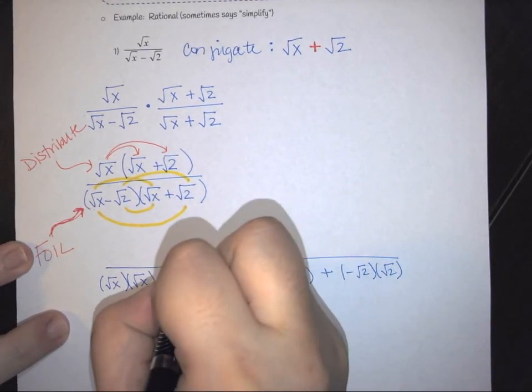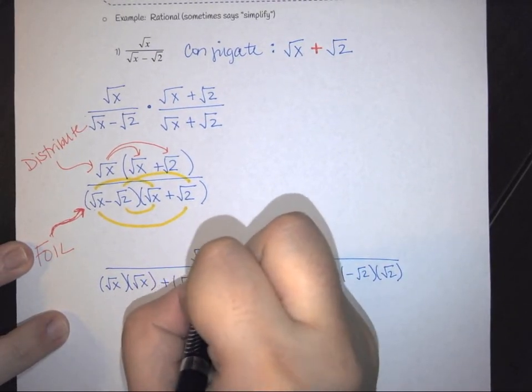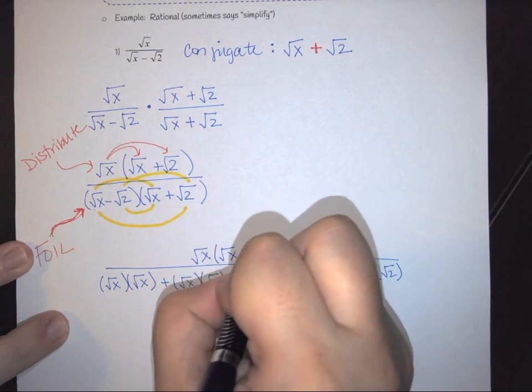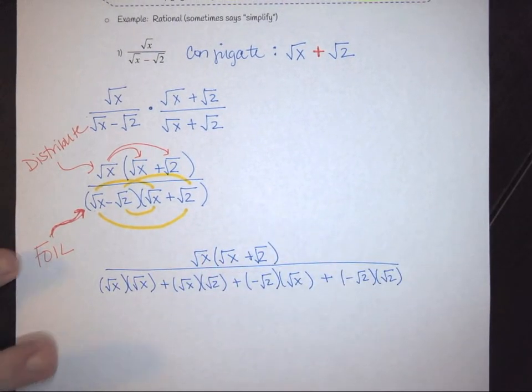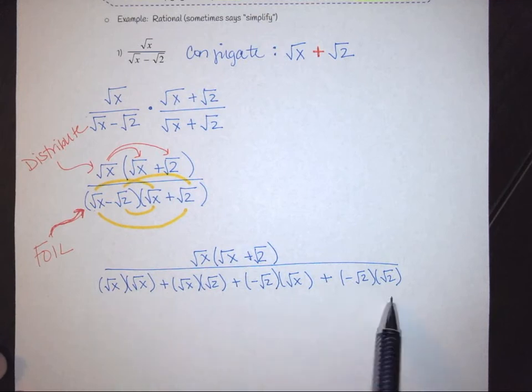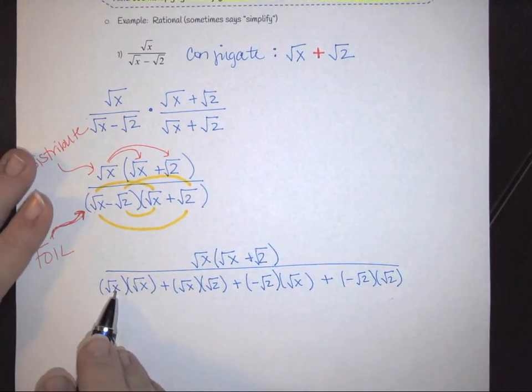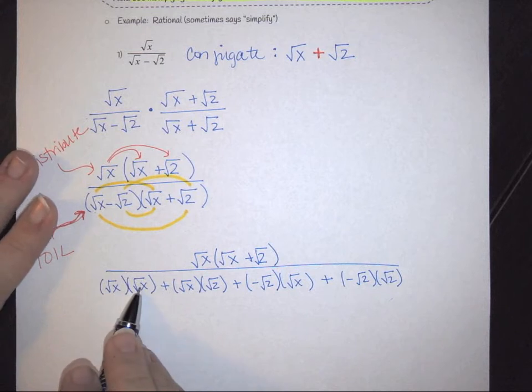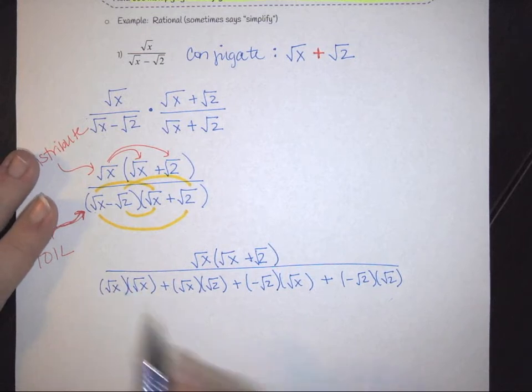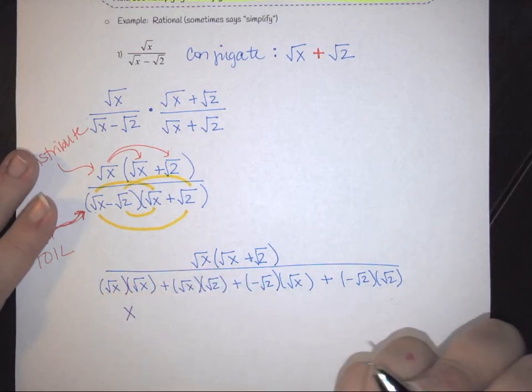And this is still the square root of x times the square root of x plus the square root of 2, because I haven't done anything with it yet, because I'm checking. Now, what do I know? I know x times x is x squared, so this becomes an x.